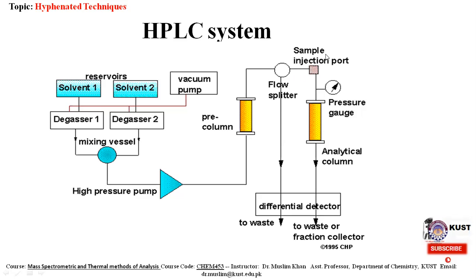So the mobile phase, along with the sample you want to separate, goes through the analytical column where the actual separation takes place. The column is the heart of the HPLC system. Then the sample along with the mobile phase goes into the detector where it can be detected.